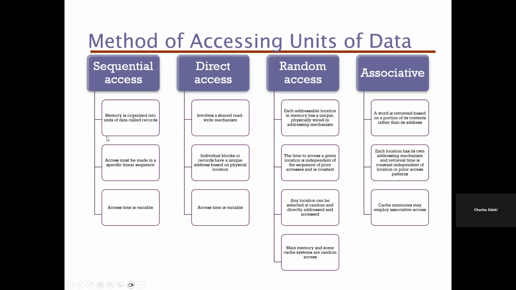Sequential is like an array, in order from beginning to end. Memories are organized in units of data called records. Access must be made in a specific linear sequence. They have to be in linear order.